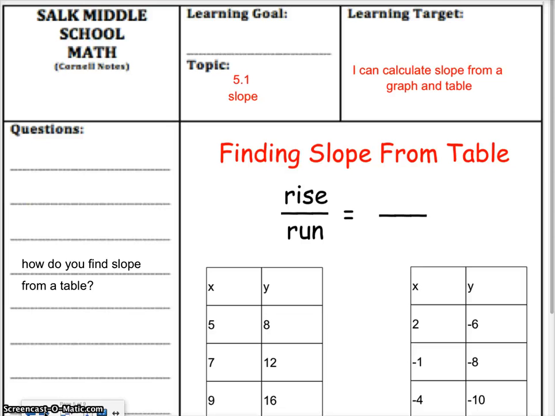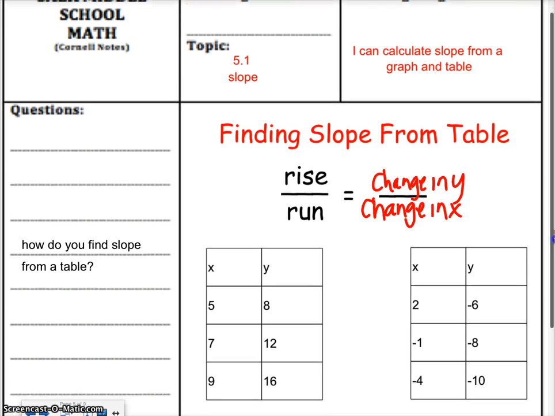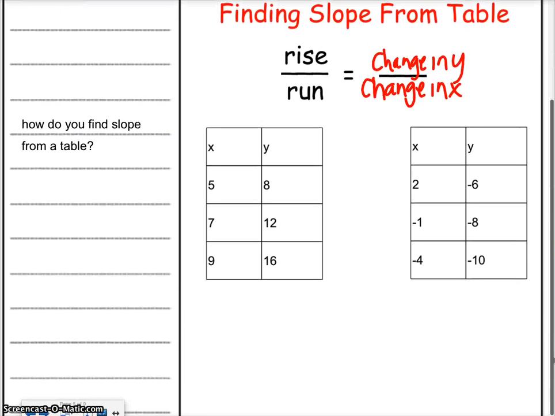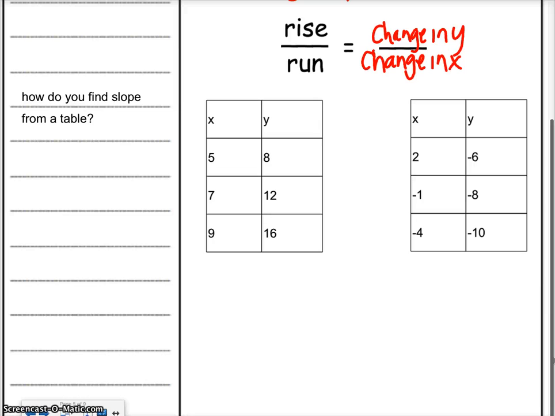From a table we've already done in Unit 4, you should be confident with this. Rise over run, which was the change in y over your change in x. Change in y over change in x. Okay, so I look to see how my y changes and how my x changes.